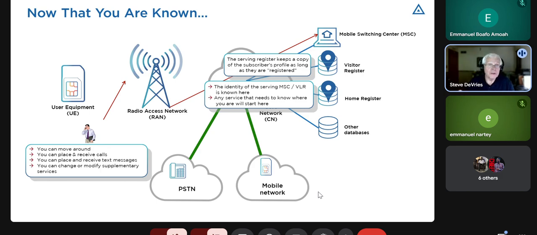The earlier systems way back in the 1980s were analog, just analog frequency modulated signals, just like your FM radio. Today they're digitized. Today it's a digital signal. And there's several different ways that you can digitize that. So again, there's a lot of changes on the radio interface, but the biggest changes you'll see are going to be in the core network.